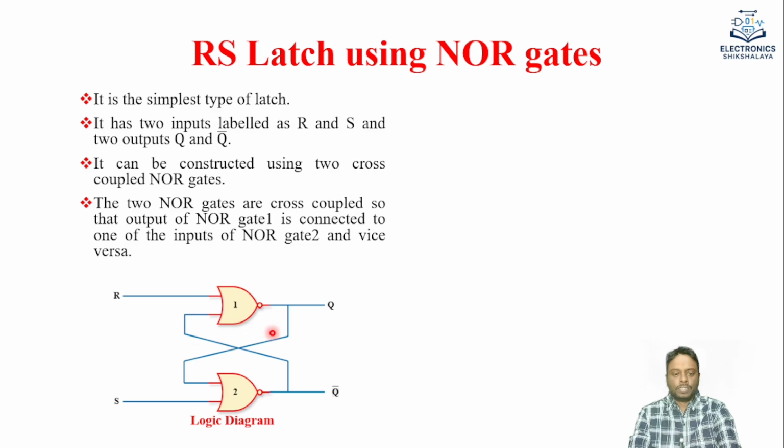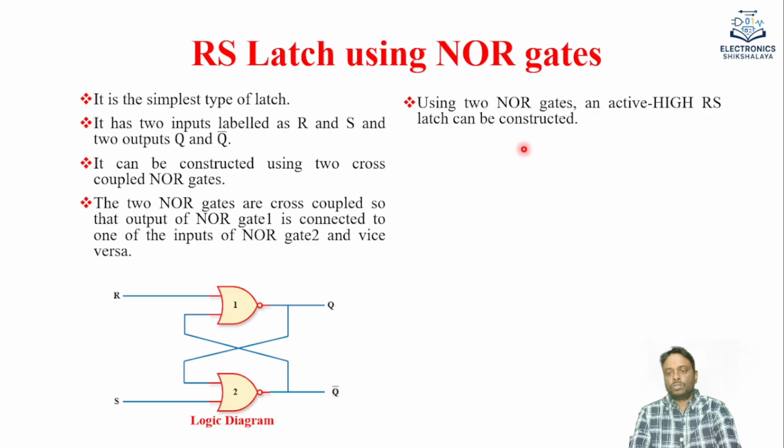It has two inputs labeled R and S, and two outputs, Q and Q complement, which should be complementary to each other. Using two NOR gates, an active high RS latch can be constructed. What is an active high RS latch?